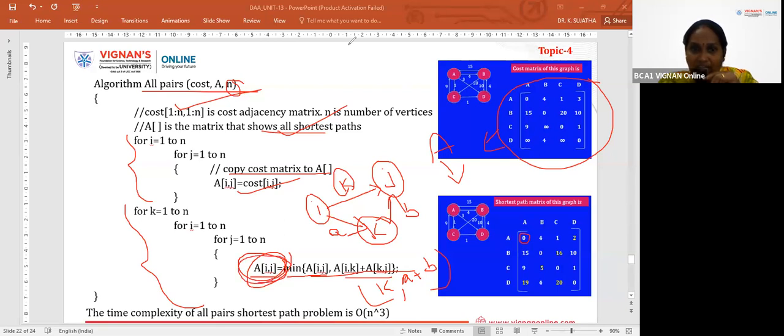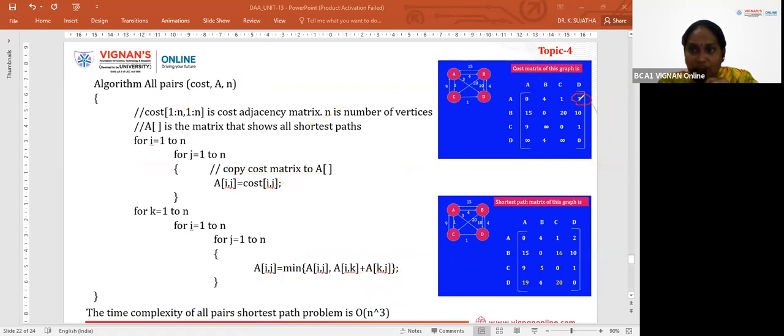So in the above graph, you can see one value, A to D. Here I am taking A[A][D] equal to the minimum of A[A][D], whose cost is 3, comma, and here I am taking k as C. So A[A][C] plus A[C][D].